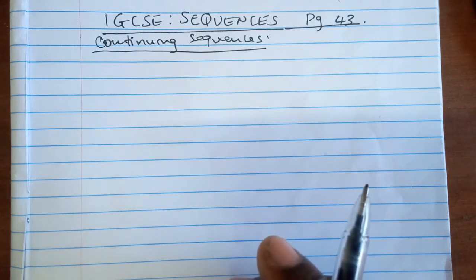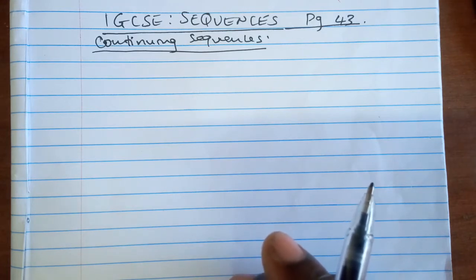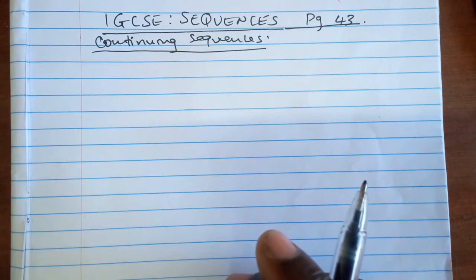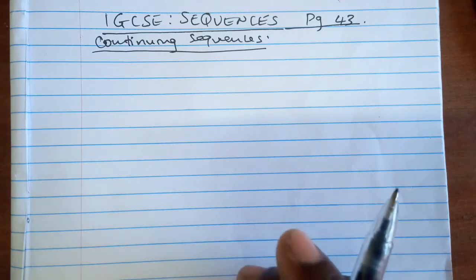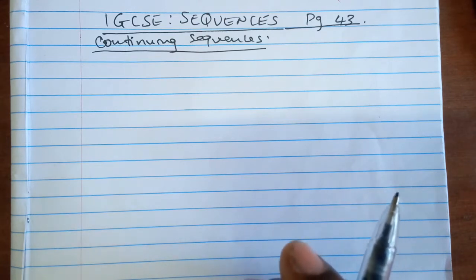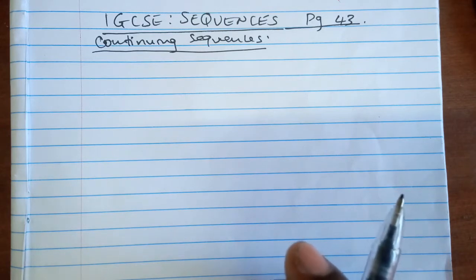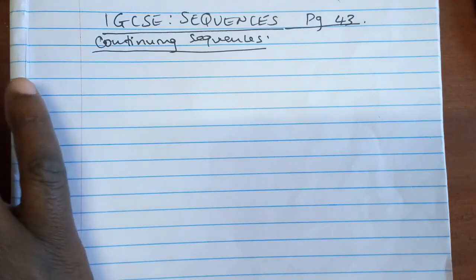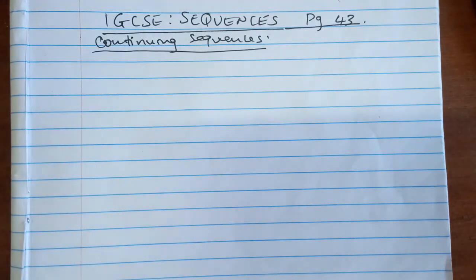Even 1, 2, 3, 4, the natural numbers, is an example of a sequence because they follow a certain pattern. For example, we keep adding 1. 1 plus 1 is 2, 2 plus 1 is 3, 3 plus 1 is 4. We keep adding 1. That's the law. You can continue a sequence if you know how the terms are related.